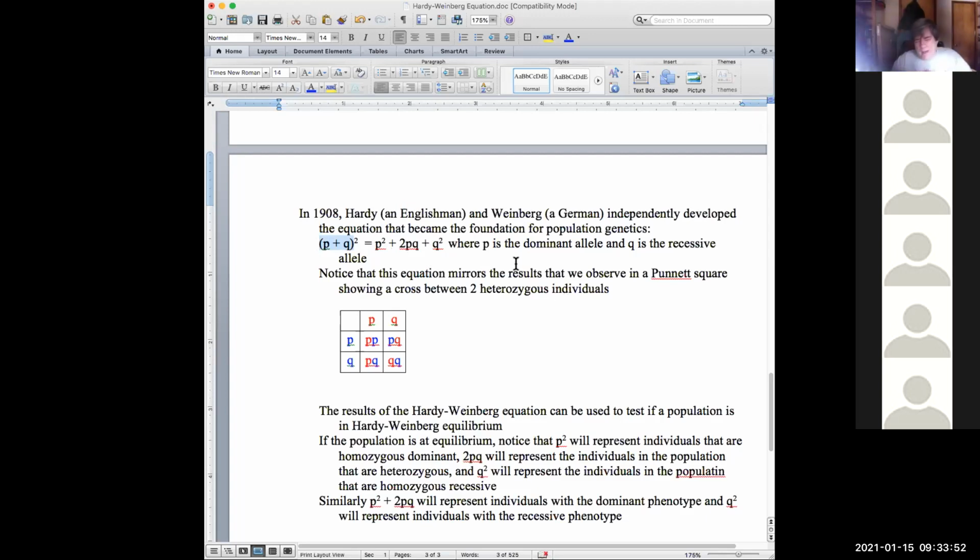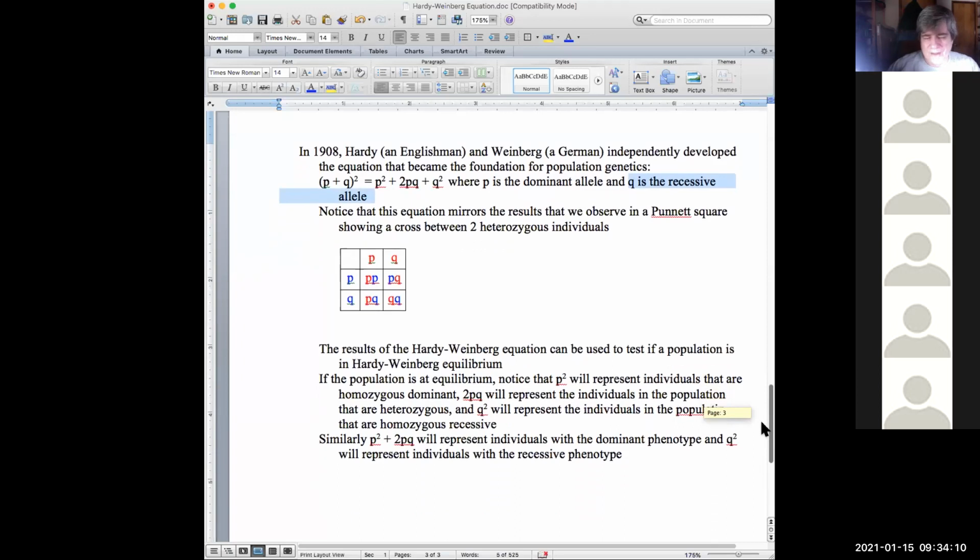And what Hardy and Weinberg both said, they were working on this separately, let's think about p being the dominant allele and q being the recessive allele. I have no idea why they chose p and q. Actually, that was chosen by geneticists before them, but I have no idea why the original geneticists decided to use p for the dominant allele, q for the recessive allele, but that's fairly standard notation in a lot of genetics.